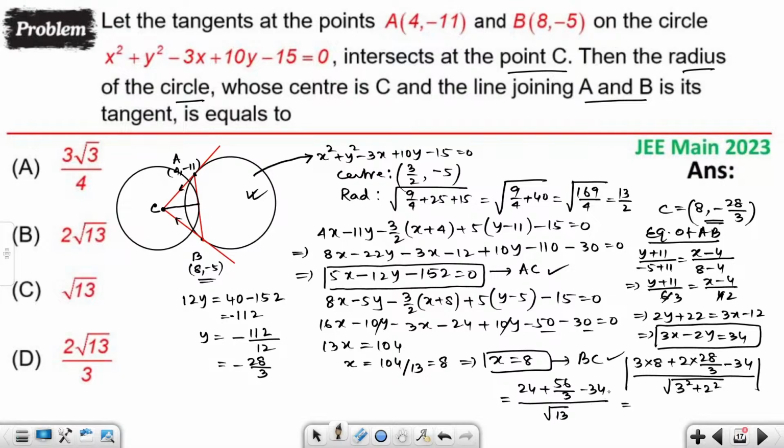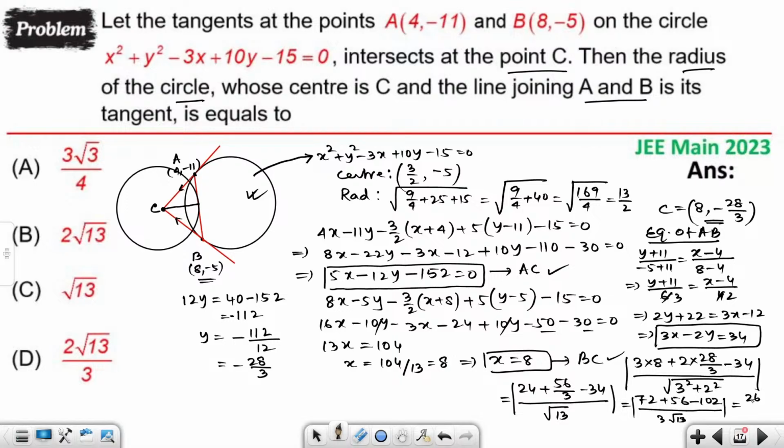So we are getting basically 72 plus 56 minus 102, right? Divided by 3 root 13. Okay. So how much are you getting? 72 plus 56 gives us 128, minus 102 gives us 26.